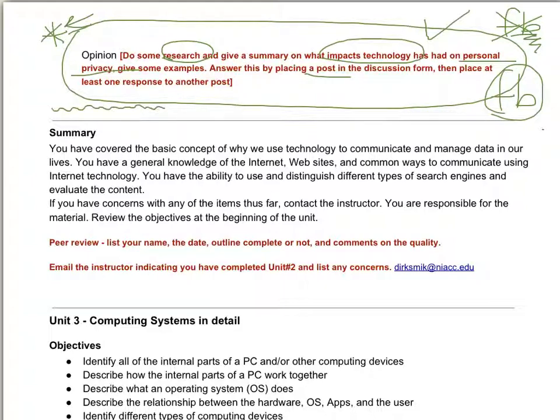How accurate is it? There are things that are purposely false put on the internet. Do you fact check things? And when you are online, how secure is your particular connection online?